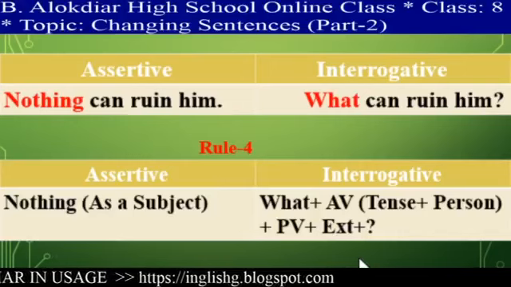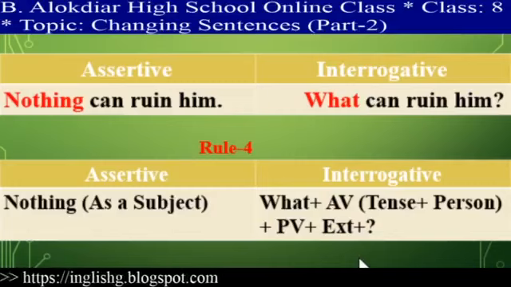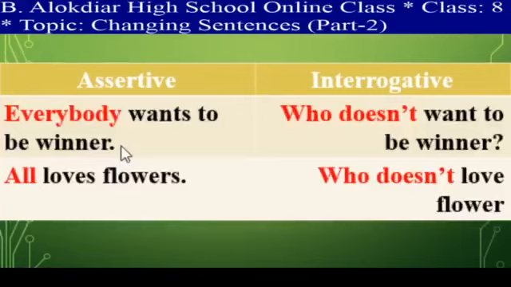Everybody wants to be winner. In example B, one loves flowers. In example A, everybody wants to be winner. In the interrogative, we have used who instead of everybody.